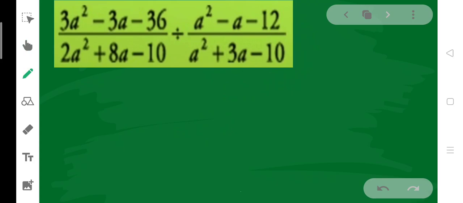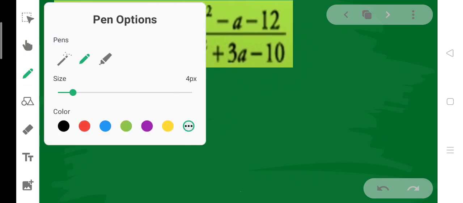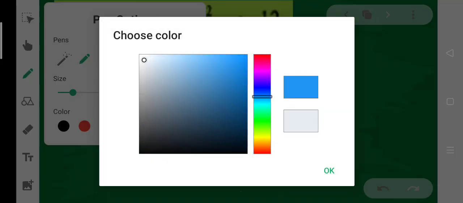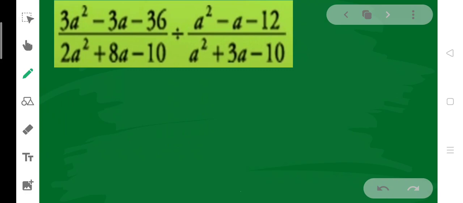Okay, so we have here, let us use the other color. Okay, so for the numerator, we have the common factor of 3. The other factor would be a squared minus a minus 6.